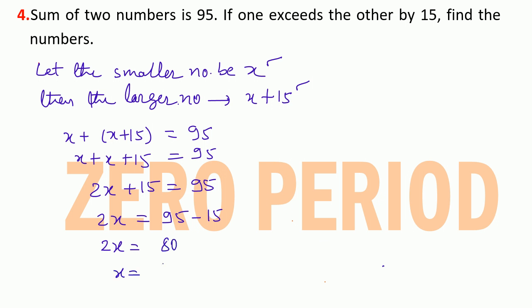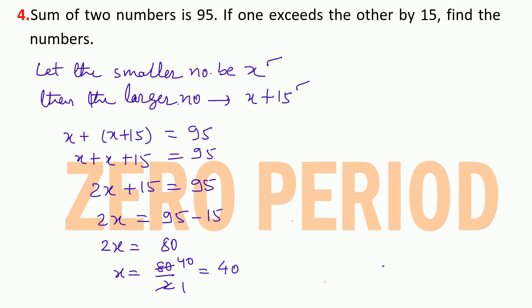Then x equals 80 by 2. Again 2 is transposed to the right hand side, and 2 and x are in multiplication. So 2 becomes division on the right hand side. When you simplify it, 2 times 4 is 8, and then 0, it becomes 40.